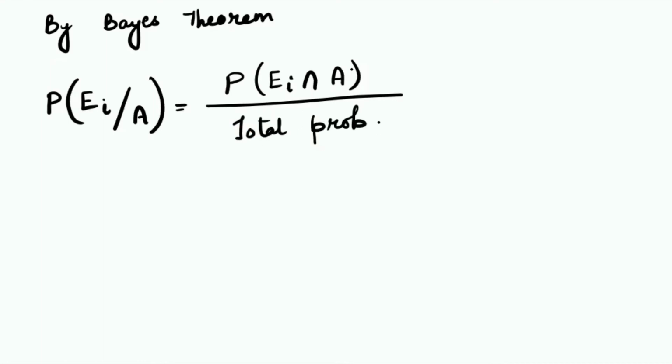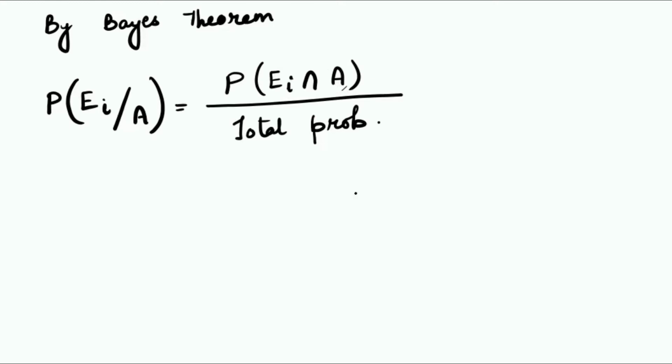We want the probability of A happening from Ei, so that will be favorable by total probability of happening of A.